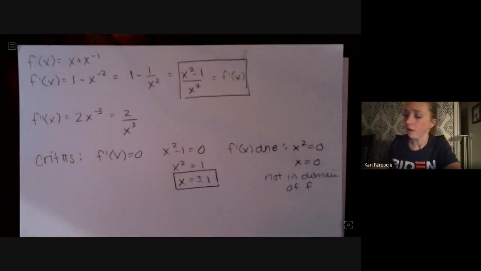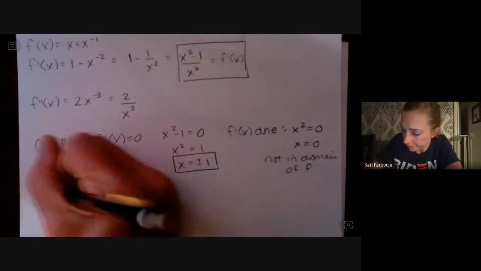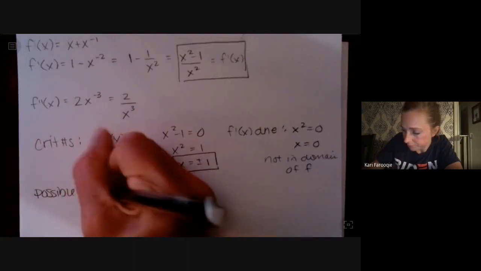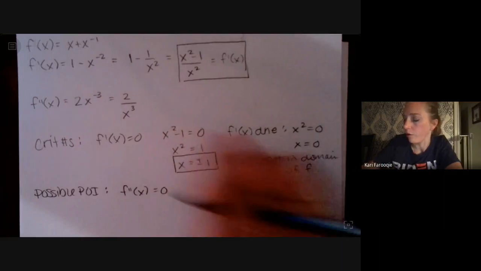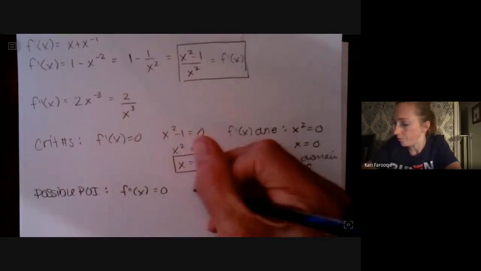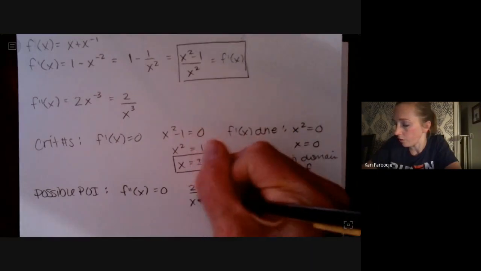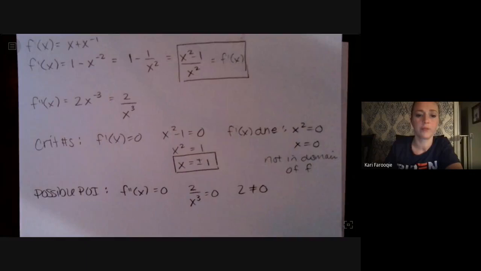All right. Points of inflection. F double prime of x equals 0. Well, if that's the case, we would be looking for 2 over x cubed equals 0, and 2 cannot be equal to 0.